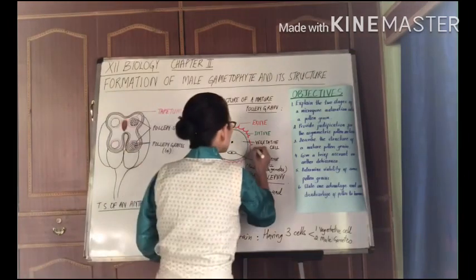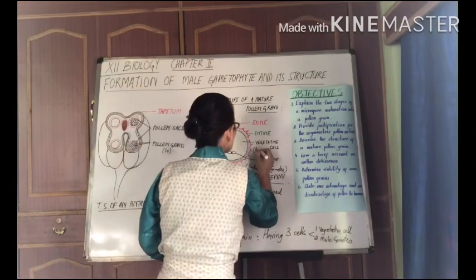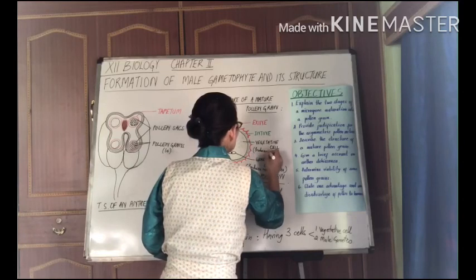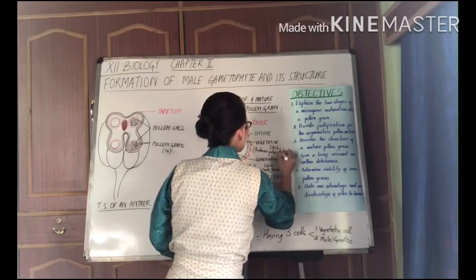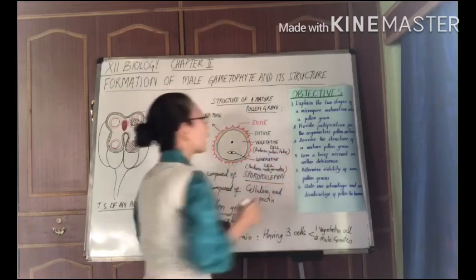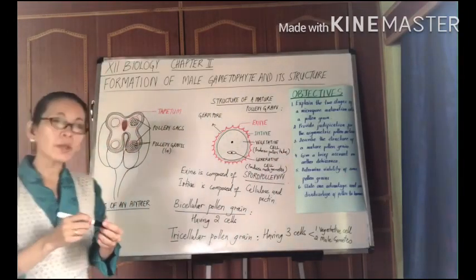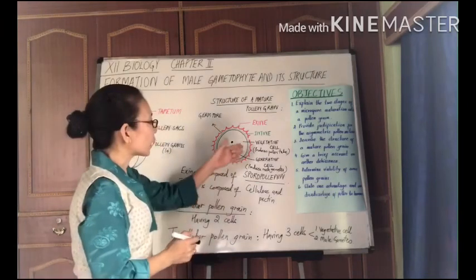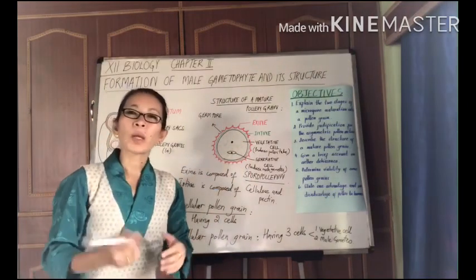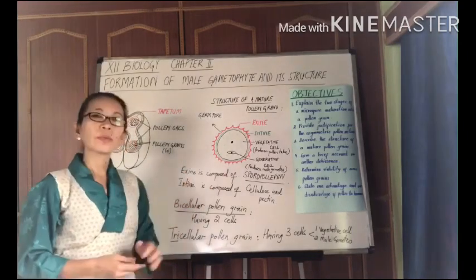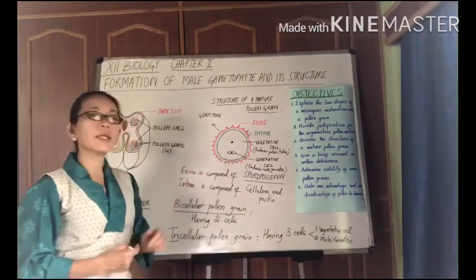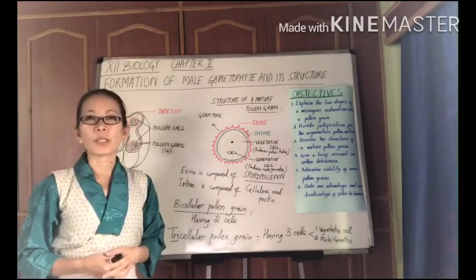So this produces the pollen tube. That is how we can say that both of these cells have an important function to play as the pollen matures and as the pollen germinates onto a female body.